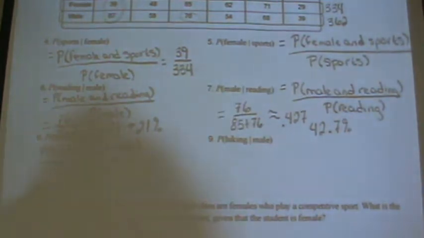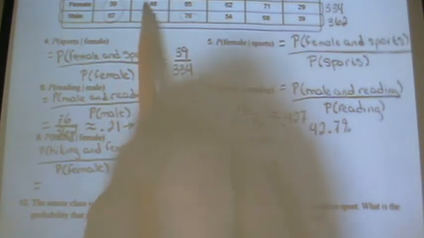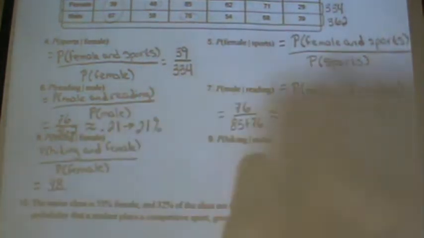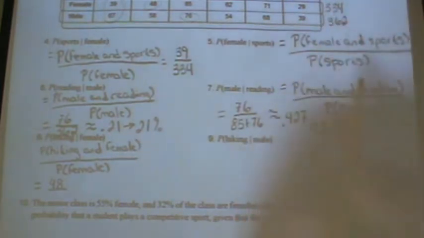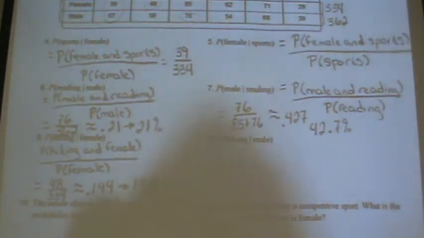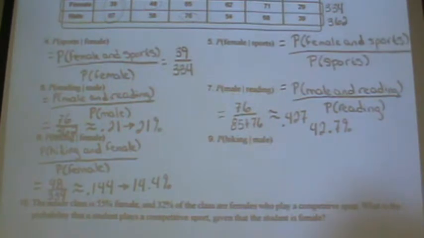So we go to our chart, the probability of being a female and hiking, we have 48. And that's divided by our total number of females, which is 334. Getting our decimal, we get 0.144, which gives us a percentage of 14.4%.